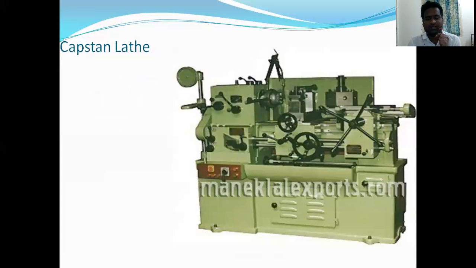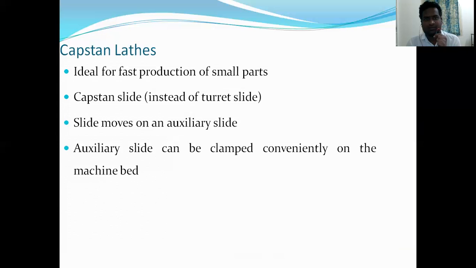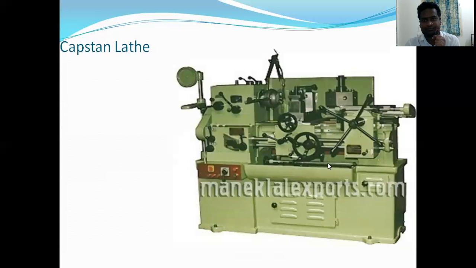Here the capstan lathe is observed in the diagram. So this is the capstan slide. It is moved in auxiliary direction. So this is the headstock. The workpiece is rotated in this. So this is the tail post, and it is the carriage. But only one is here.